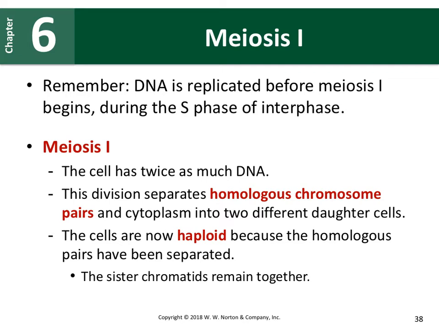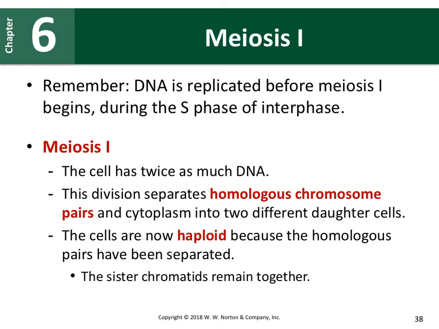The cells, though, are haploid, not diploid. Even though they have twice as much DNA, they have sister chromatids, and those are going to further split off into either a sperm or an egg. And then they remain together.